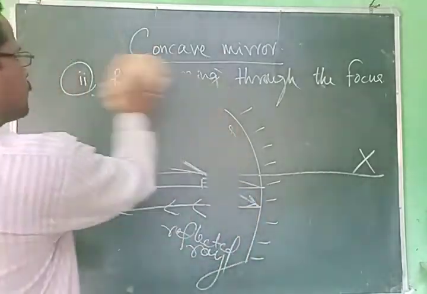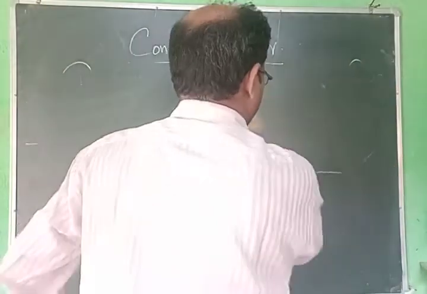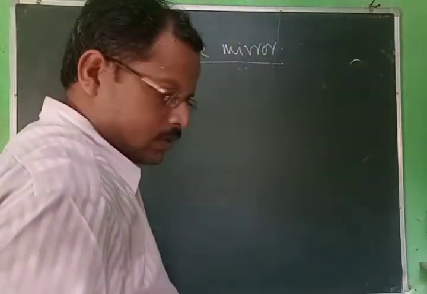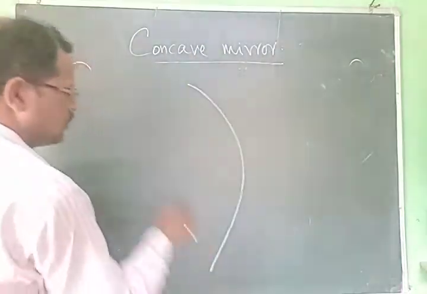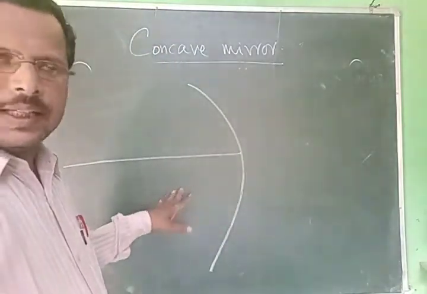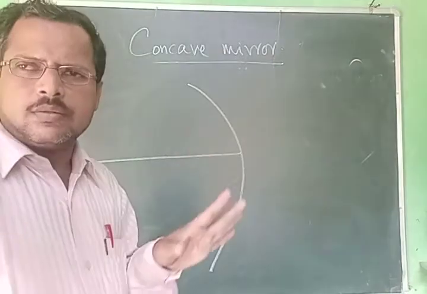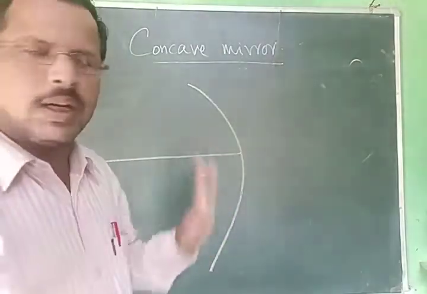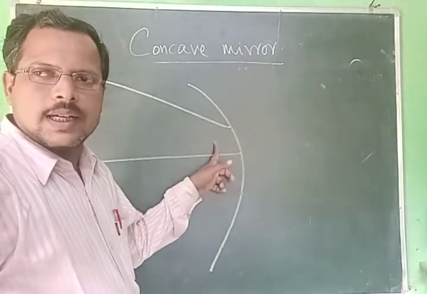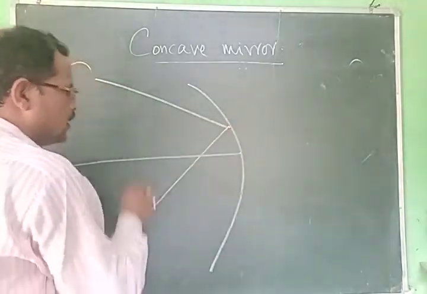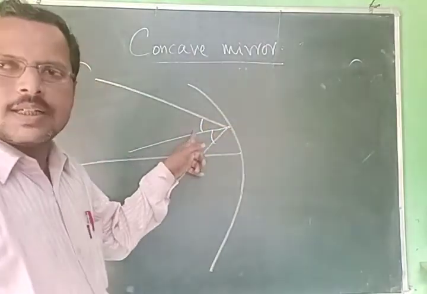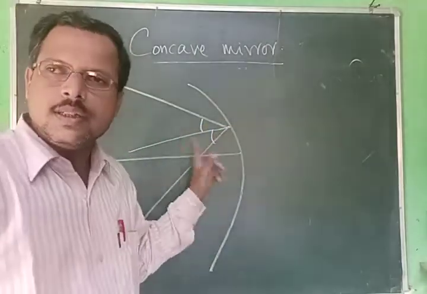So any ray falling obliquely on the reflecting plate will also get reflected making the angle of incidence equal to the angle of reflection.